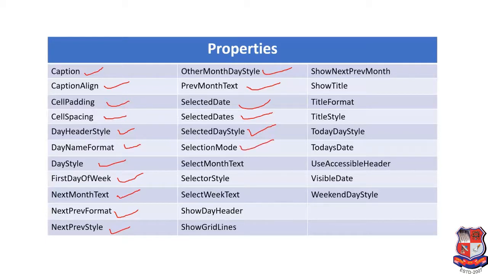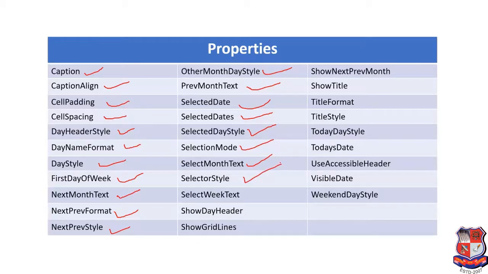It is also an important property. It is used to obtain or set the date selection mode on the calendar control that specifies whether the user can select a single day, a week, or an entire month. Next is SelectMonthText. It is used to obtain or set the text displayed for the month selection element in the selector column.